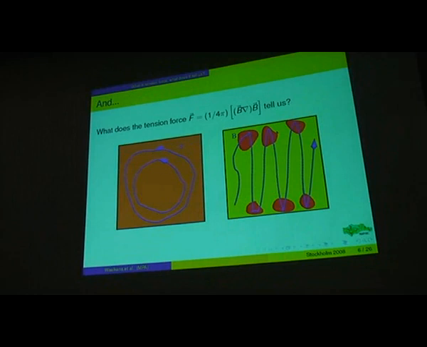I have drawn a cartoon here, and on the left-hand side you have a very smoothly changing magnetic field, so its variation along its own direction is constant. In this orange color you see what is supposed to be the intensity of the tension force. On the right-hand side, the field mostly goes straight, so there's very little change along its own direction, but then suddenly it turns sharply, and then turns sharply again, and so forth.